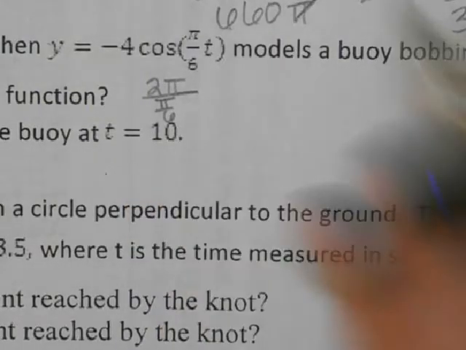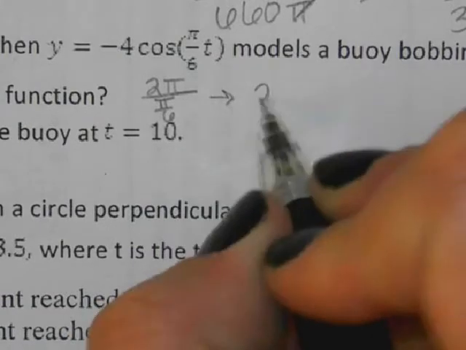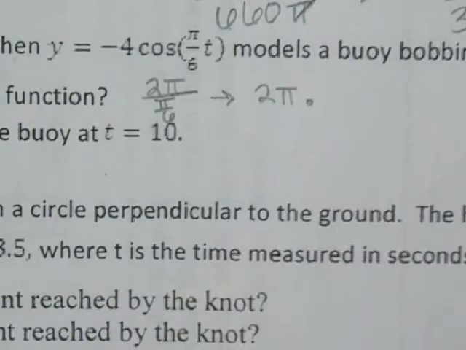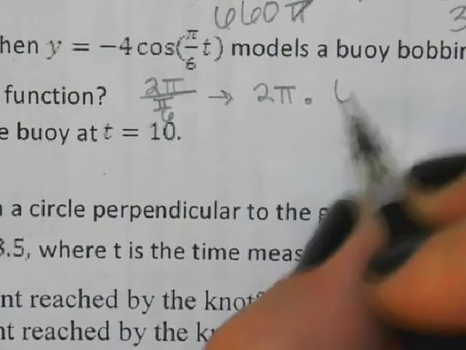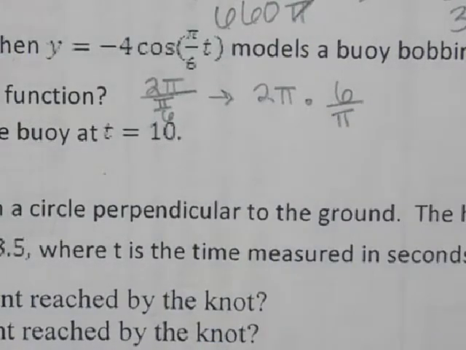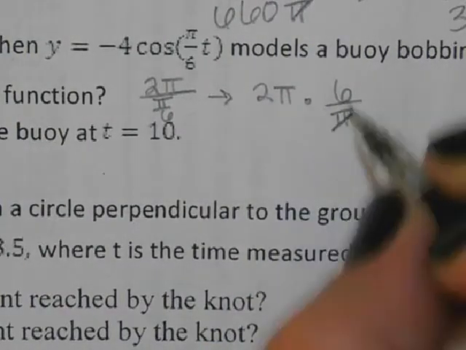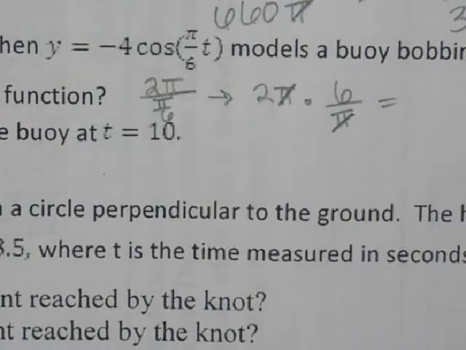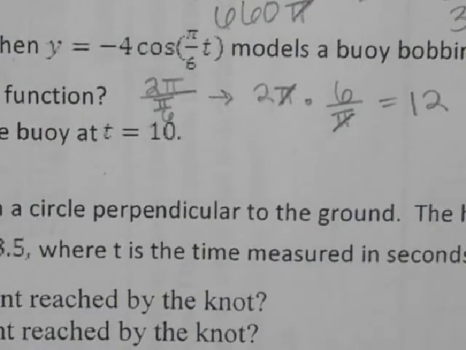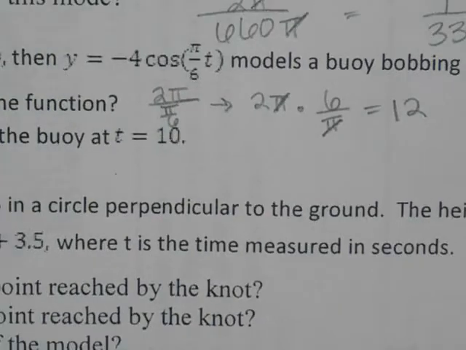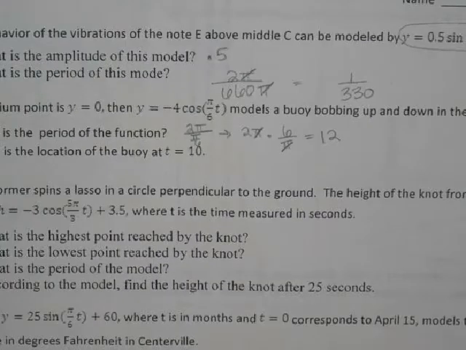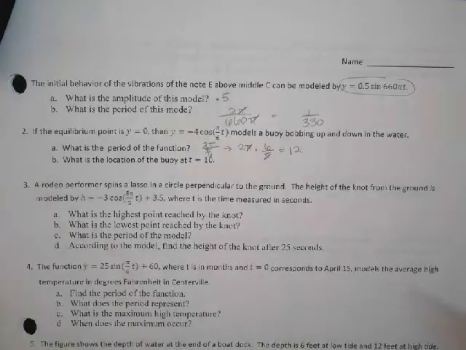Keep it, change it, flip it. 2 pi times 6 over pi. The pi's cancel, and we get 12. So the period of the function is 12 of whatever the units are. They didn't tell us what the units should be.